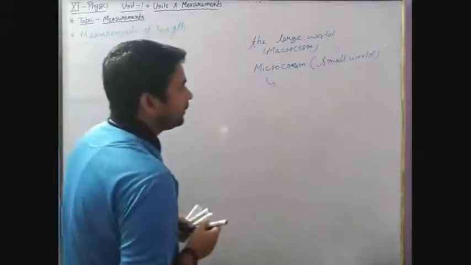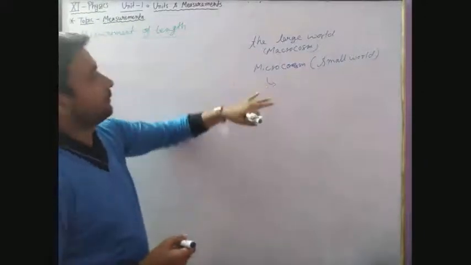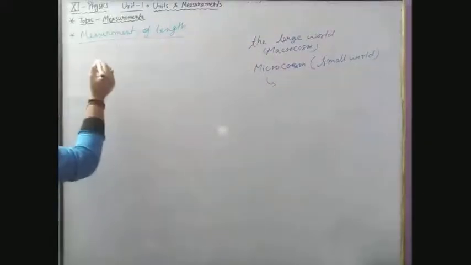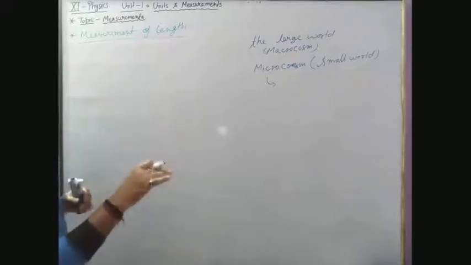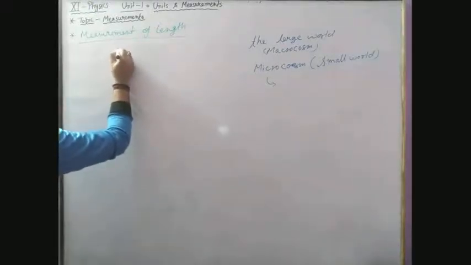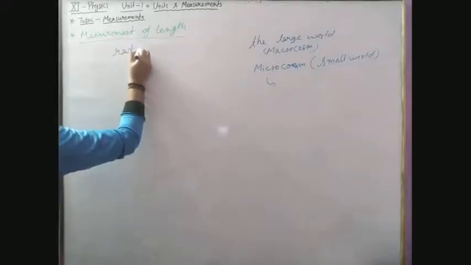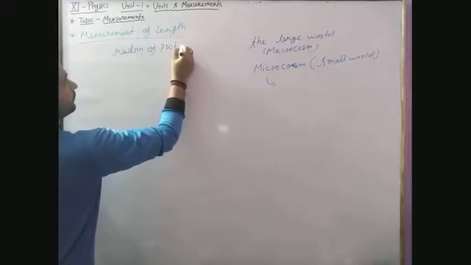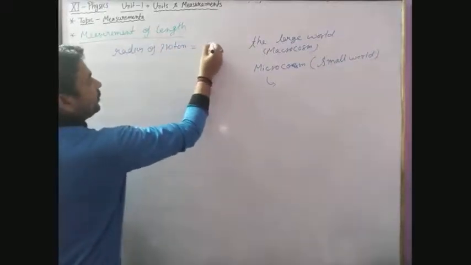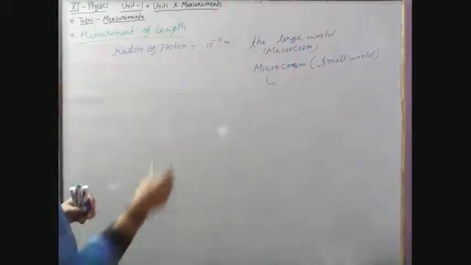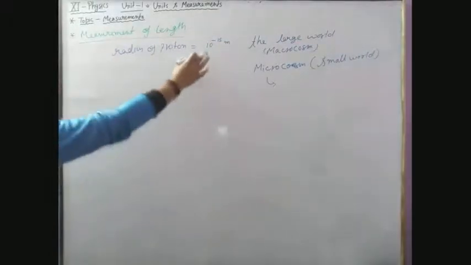These are some measurements of length. Okay, it is observed that the minimum length we measured is for proton, the radius of proton is in the order of 10 to the power minus 15 meter. Okay, which is, as you know, the size of atom.